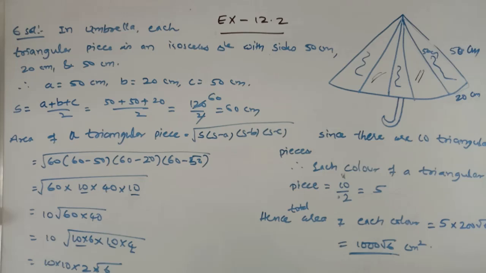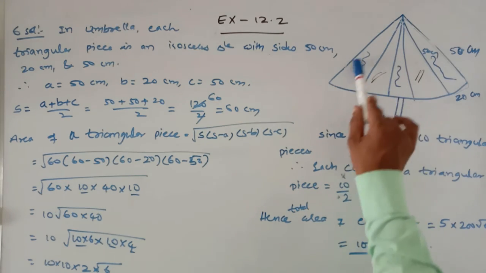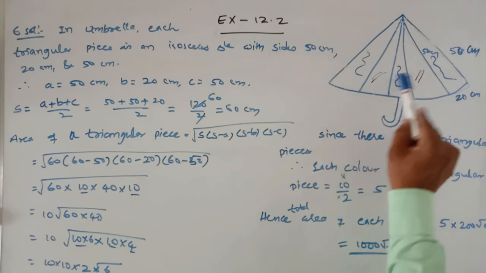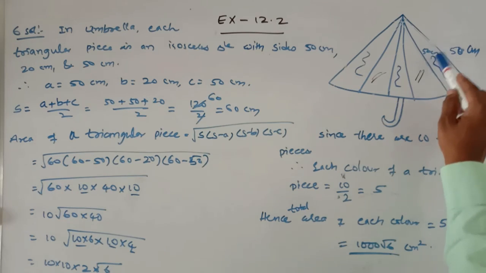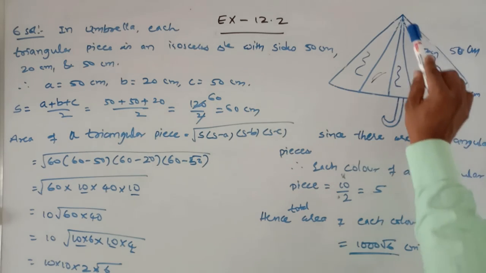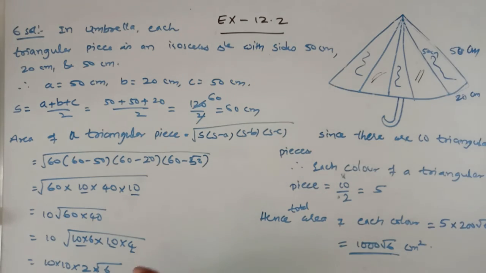Children, once again I am saying, here it is an umbrella made with two different colors. That means the strips are of two different colors in a triangle, and the lengths are given as 50 centimeters, 20 centimeters and 50 centimeters. Because it is an isosceles triangle, the two sides are equal. By using Heron's formula, I calculate the area of this triangle, which is 200 square root 6 square centimeters.